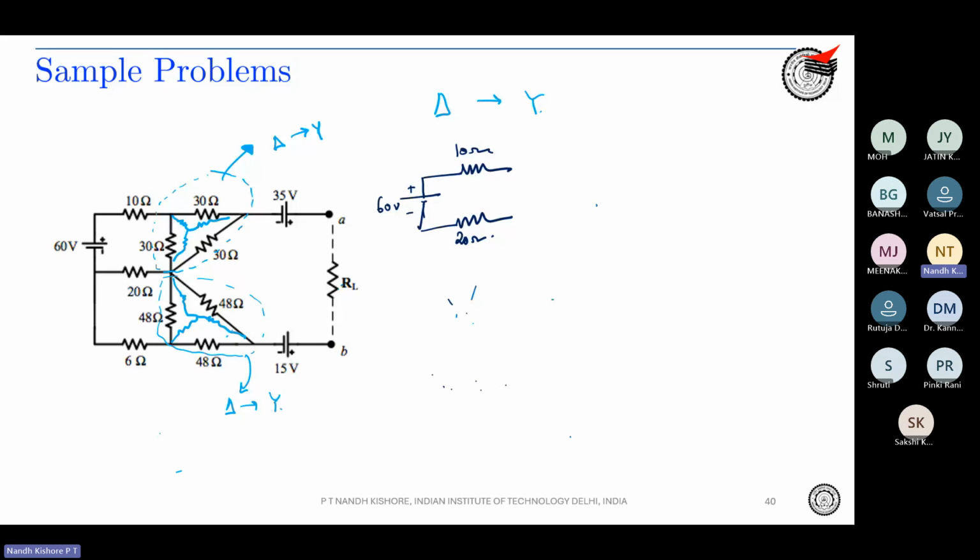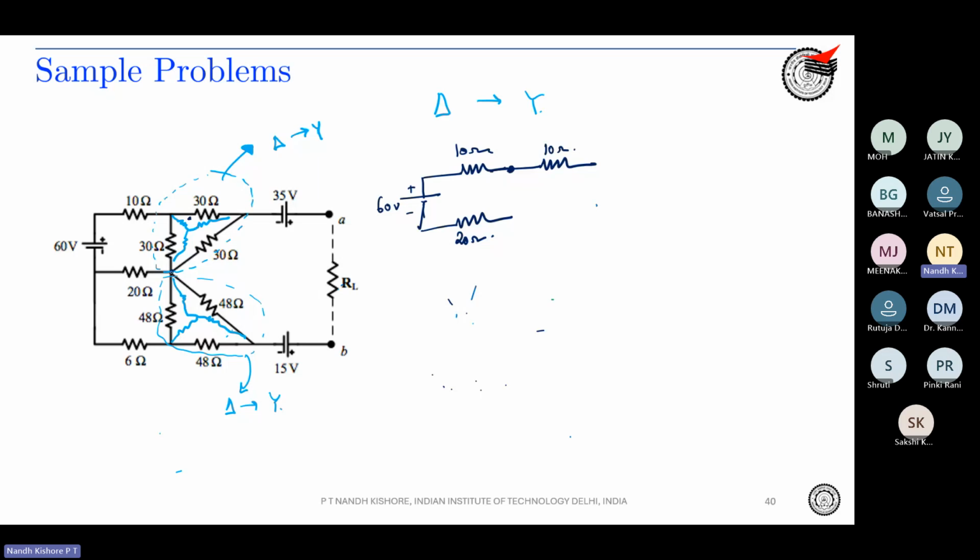Okay, thanks. So now we have converted from star to delta, right? This particular resistance will be how much? 30 into 30 divided by 30 plus 30 plus 30, which is basically 30 by 3. We'll be getting 10 ohm over here.